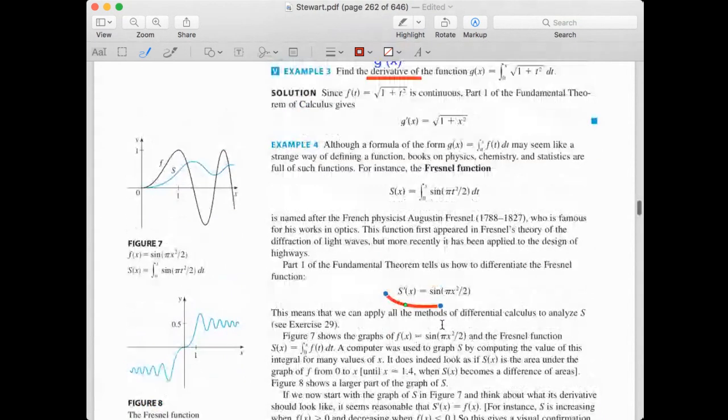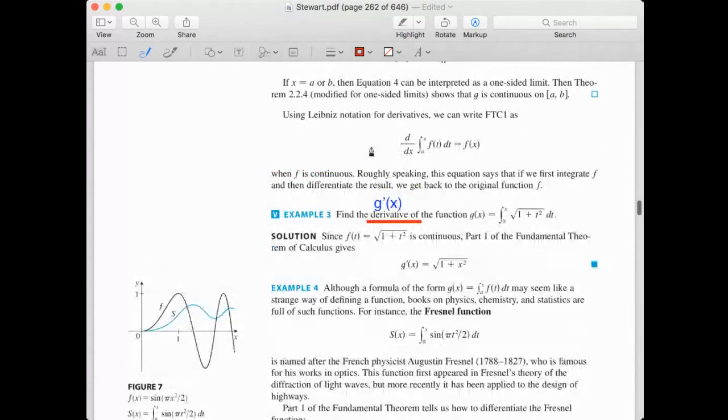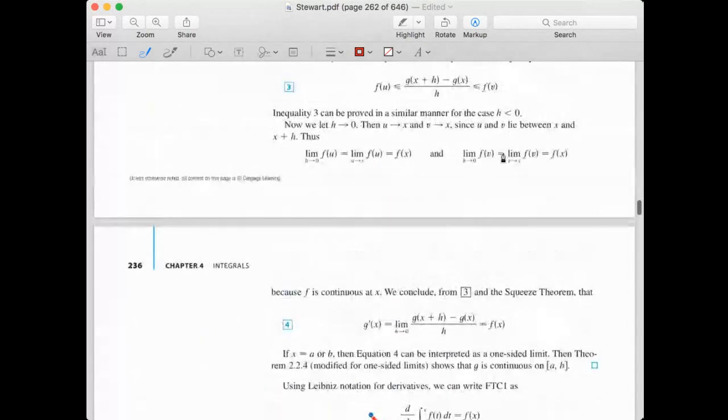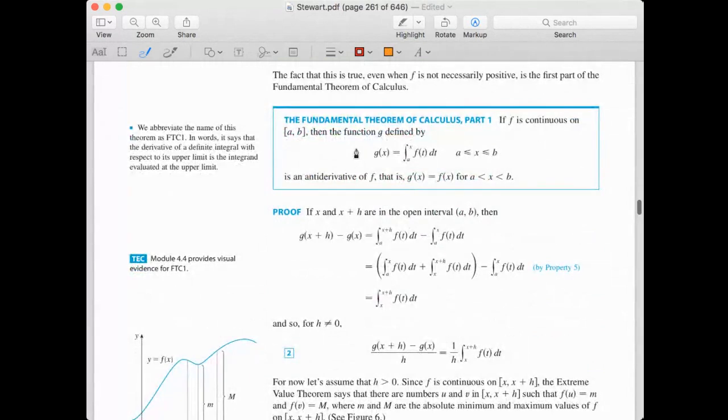So just get used to this notation. Sometimes this notation is a little bit confusing for people. We can write this in another way. We take a derivative, d dx of g, which is g prime.